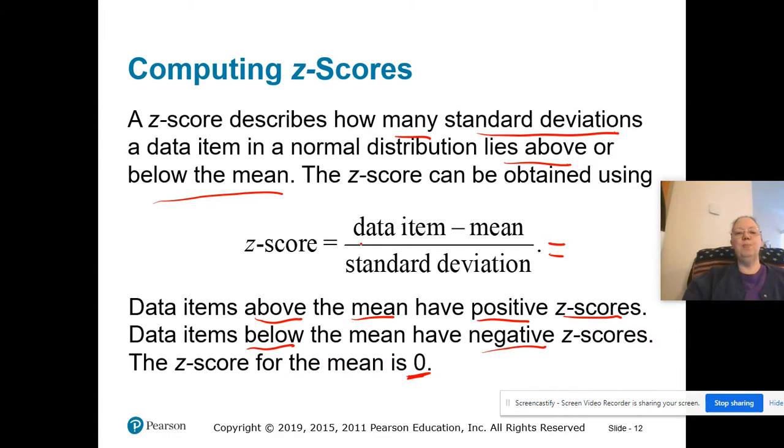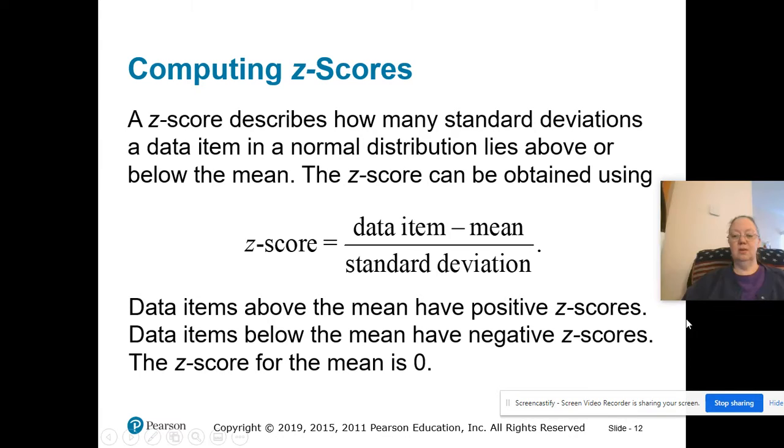Okay, so the formula for that: we take the data item, we subtract the mean, and divide by the standard deviation. Data item minus the mean divided by the standard deviation. And again, what that does is it makes everything kind of the same so that we can compare it.